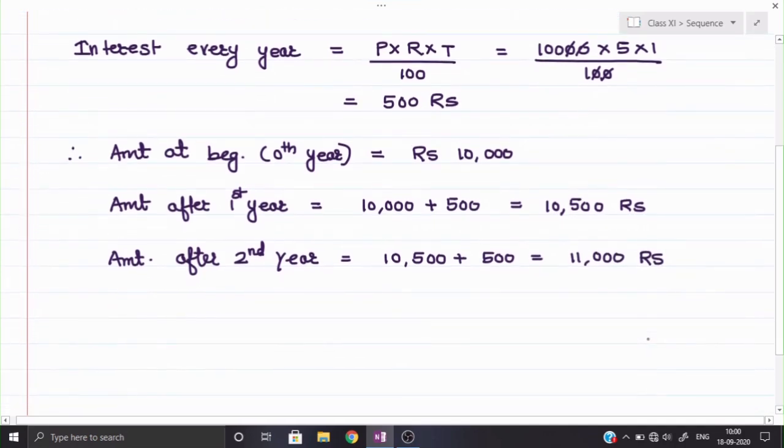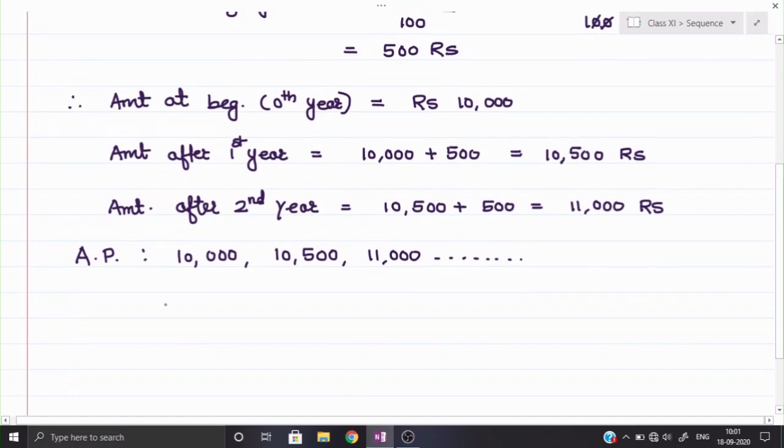Now I hope you understood which kind of sequence is going to be generated over here. Definitely we are going to generate the AP. So initially the amount is 10,000, then it is 10,500, then it will be 11,000, and so on. It is going up till an infinite number of years.